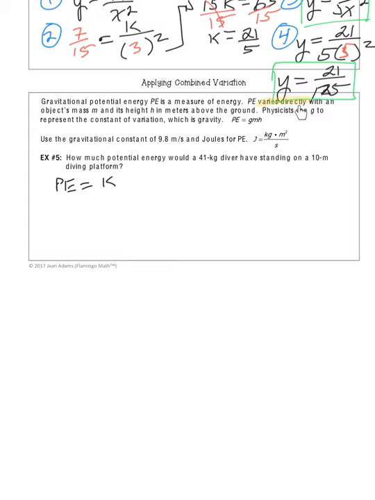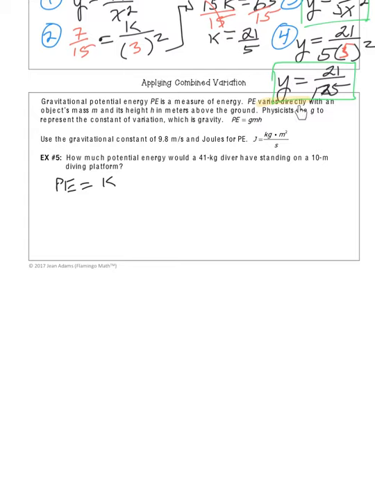Okay. So then step 2, use the gravitational constant of 9.8 meters per second squared and joules for PE. So PE is that measure of energy, and so this is kilograms times meters squared per second squared. So that's just your unit of measure. Okay, so they told us what our constant of variation is. So that's our second step.